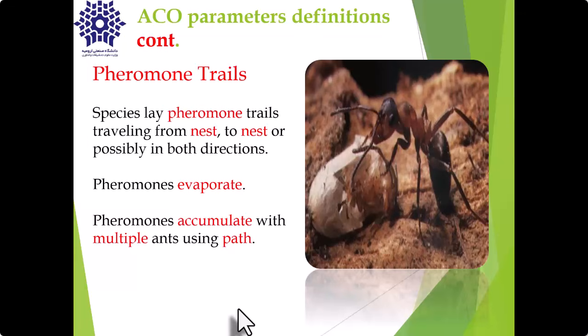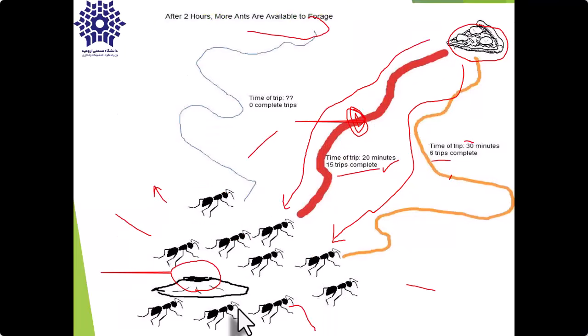When many ants travel on one road, many ants spread pheromone on that path. Then pheromone accumulates with multiple ants using a path. When many ants travel in one direction on one path, the amount of pheromone on that path increases and strengthens the path. Like this one, you see?